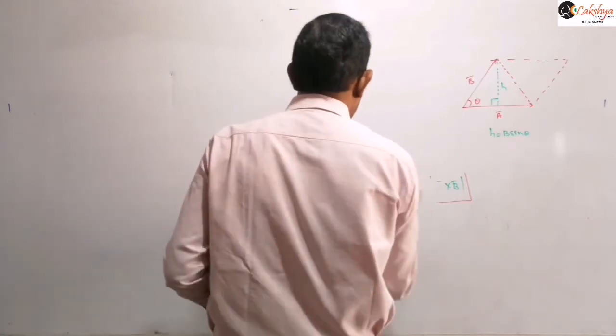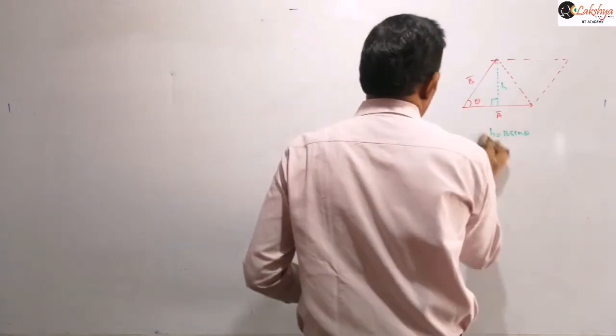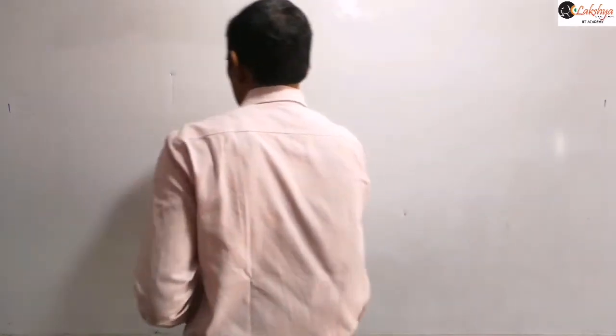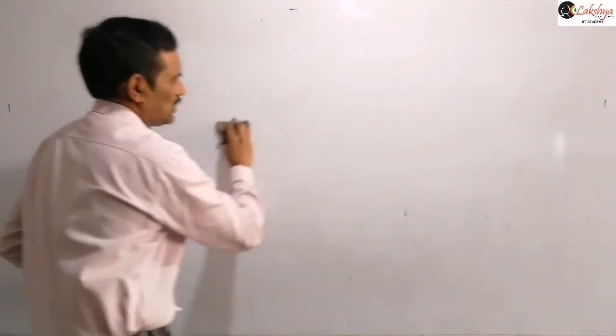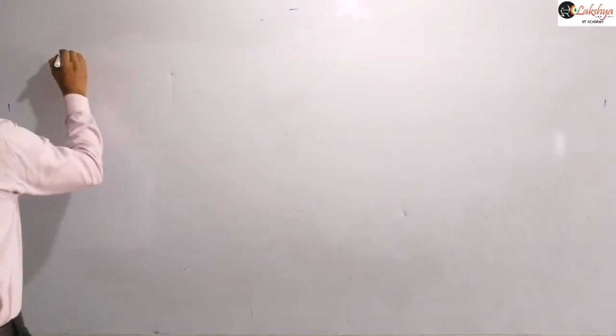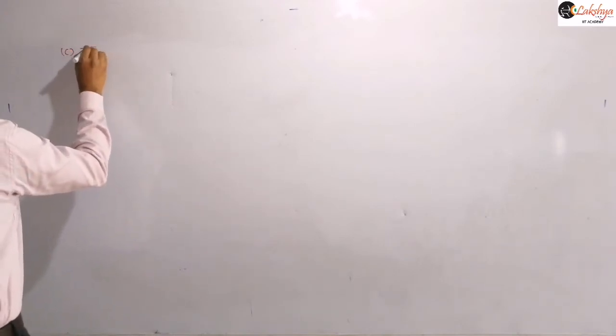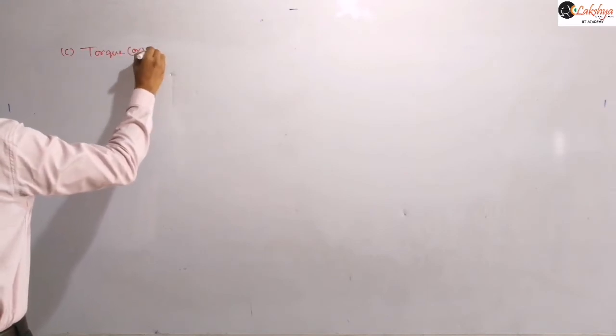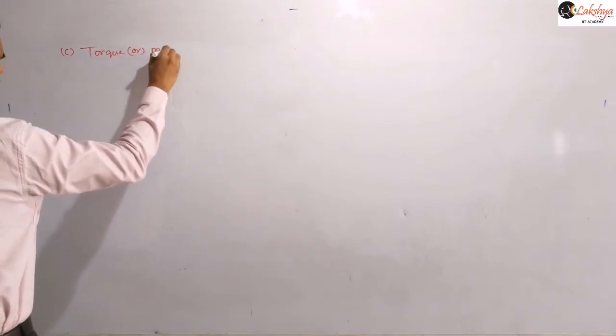And next let us write about some physical quantities. We can define some physical quantities in terms of this cross product. Like we define dot product applications like work done and power, similarly here we can define some quantities, torque, or this is also called moment of force.